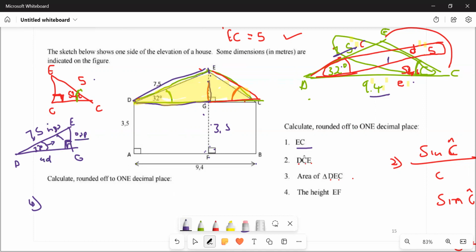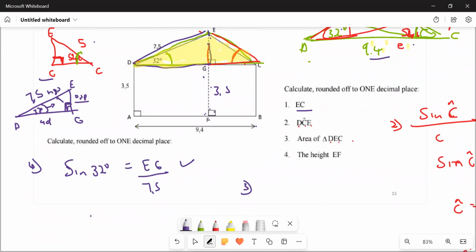Whenever you are looking for opposite and hypotenuse, which trig ratio has opposite and hypotenuse? It's sine. Then you say the sine of 32 degrees is given as opposite, EG, all over the hypotenuse side, which is 7,5.